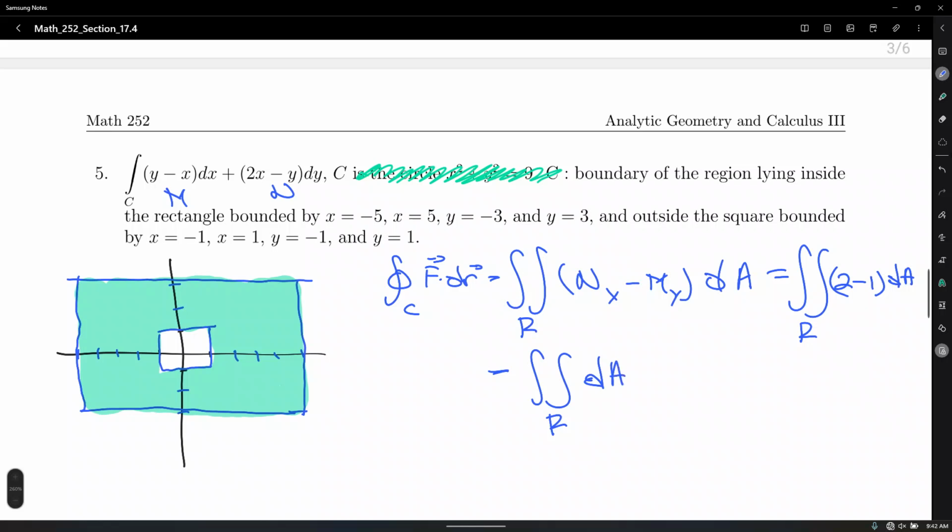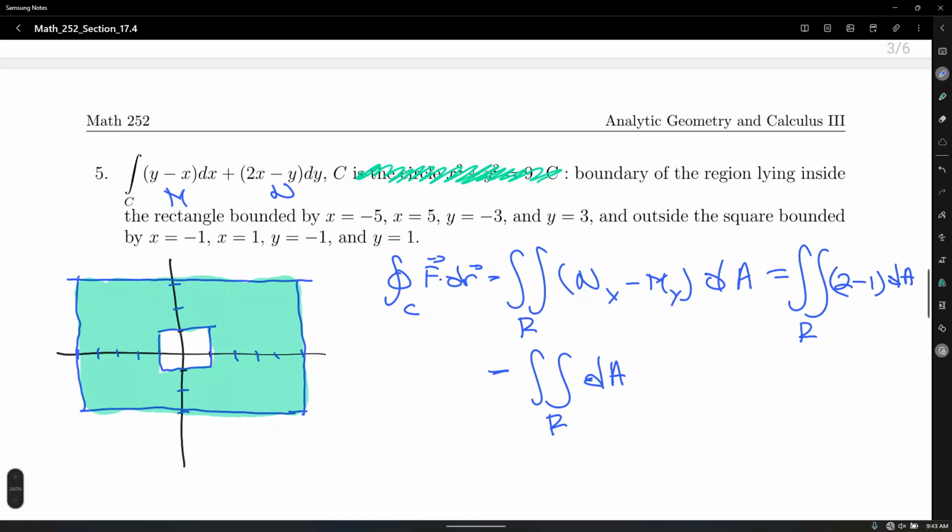What's the double integral of 1 dA again? It's the area of that shape, right?